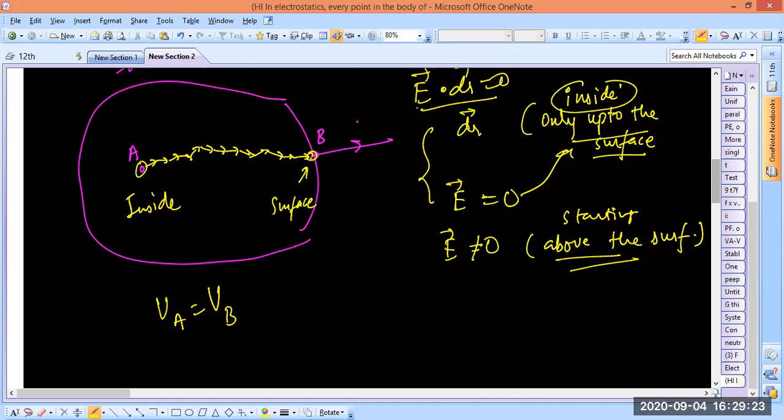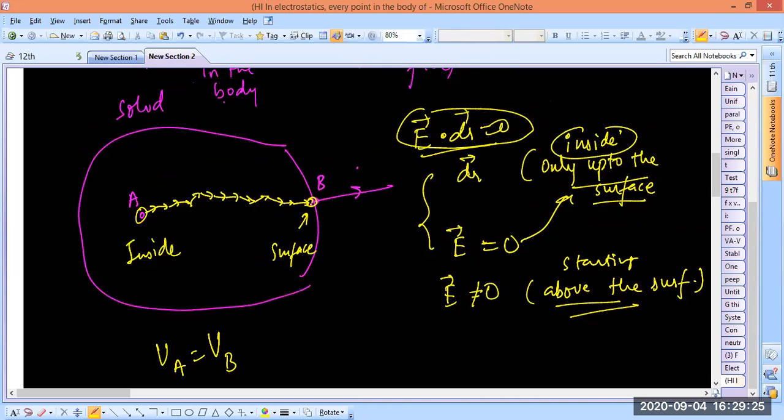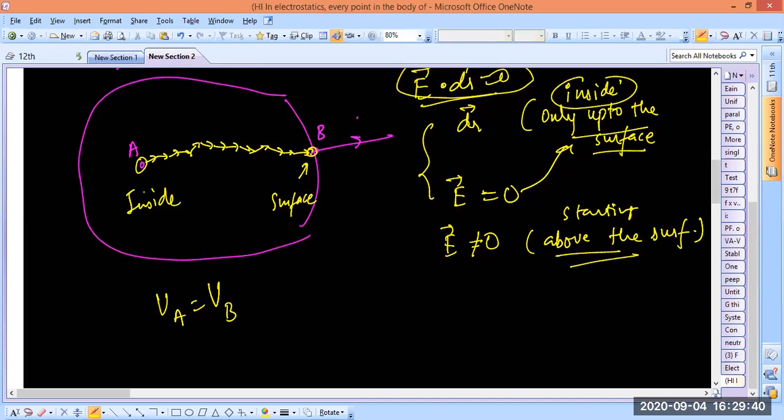Is that good so far? Then A could be any point inside. A point is not special. I could have taken A point here and then we could move like this, and then come here. Still, we would have VA equal to VB.